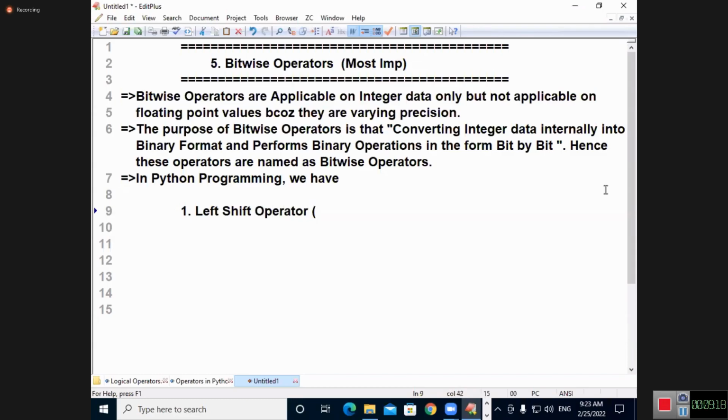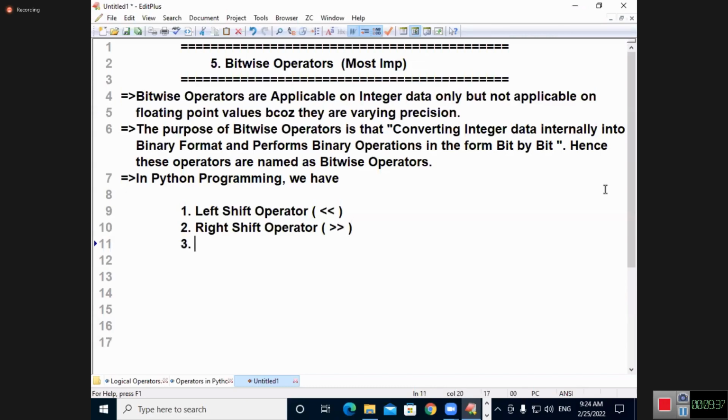The symbol for that is like this. Second is called the right shift operator, and I am writing its symbol like this.